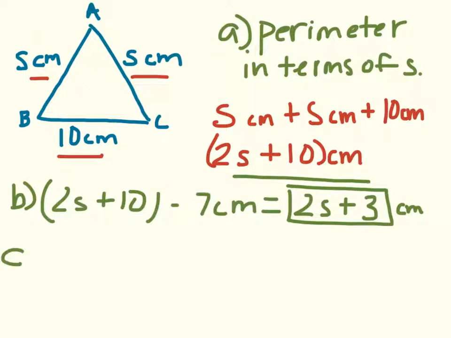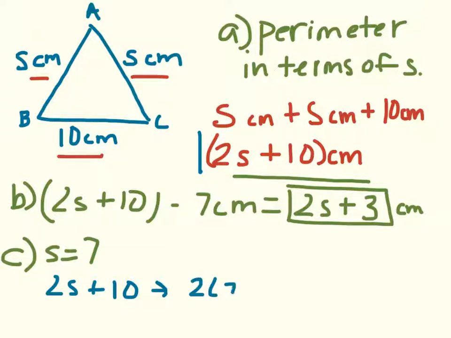Finally, question C tells us that S equals 7, and then asks us to find the perimeter of the triangle ABC. So if S equals 7, we simply need to substitute that into our perimeter equation here, 2S plus 10. So let's make our substitution, 2 times 7 plus 10.